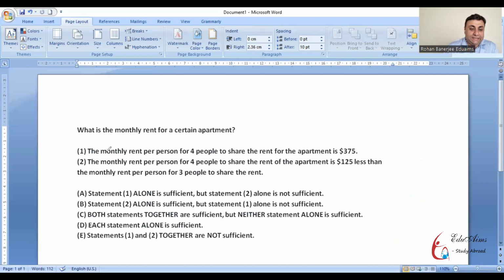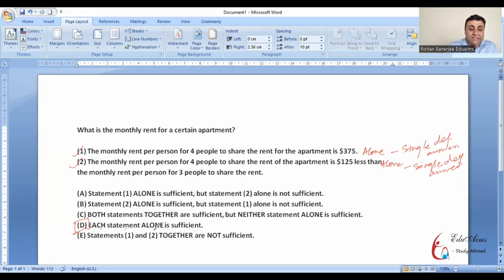So which choice says this alone is also sufficient? Choice D says each statement alone is sufficient. So statement 1 alone can take you to a single definitive answer, and statement 2 alone can also take you to a single definitive answer.